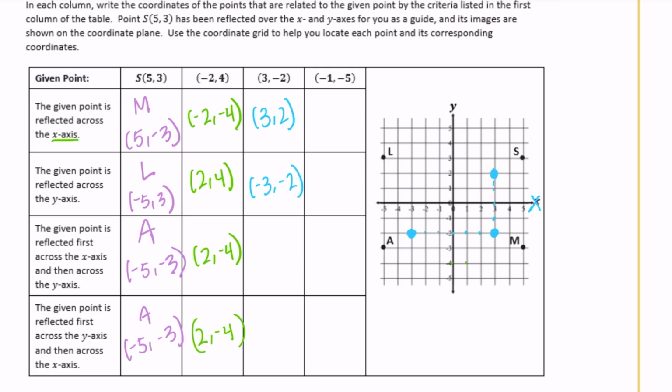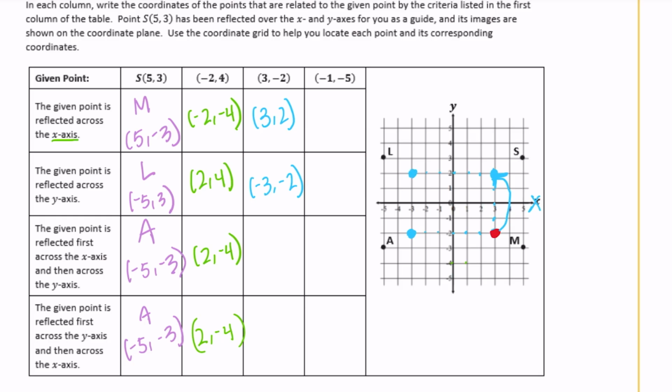The point is reflected first across the x-axis, so where's my starting point? 3, -2, right here. So this is where we start. First reflected across the x-axis, so if I reflect it across the x-axis, I get there. Then if I reflect it across the y-axis, 1, 2, 3 to get there, 3 more away, I am right here.